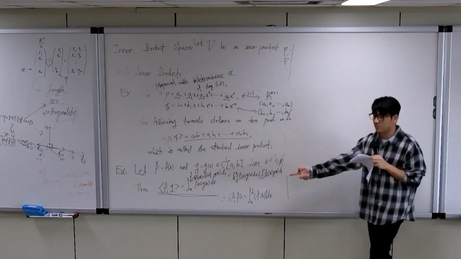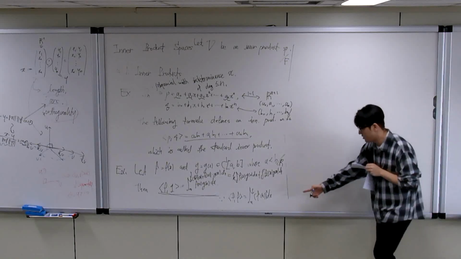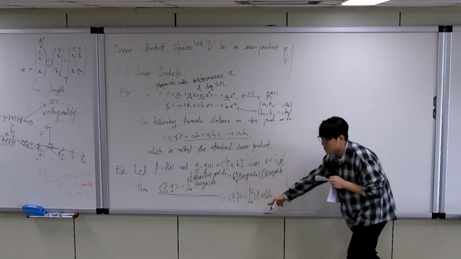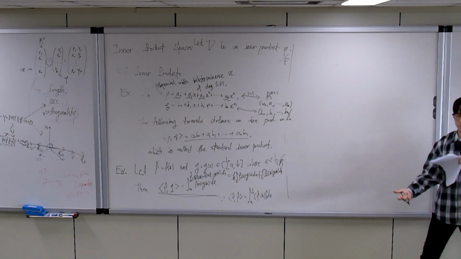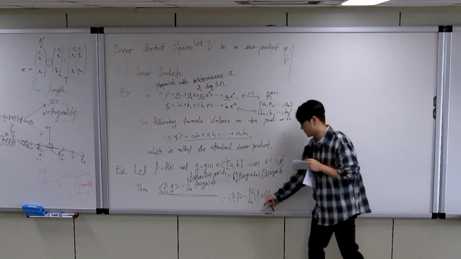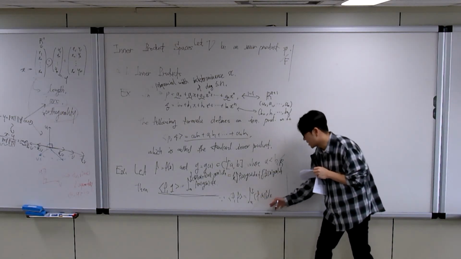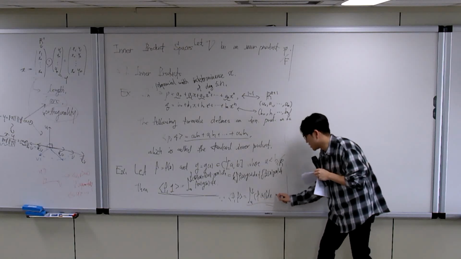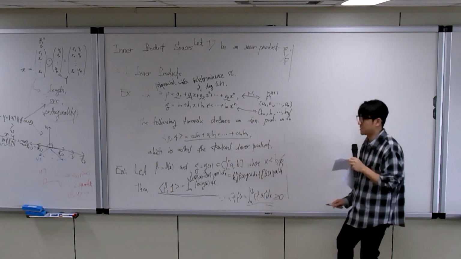If f is a real function, then f(x) squared is a real number, so it is positive and will have a positive value.